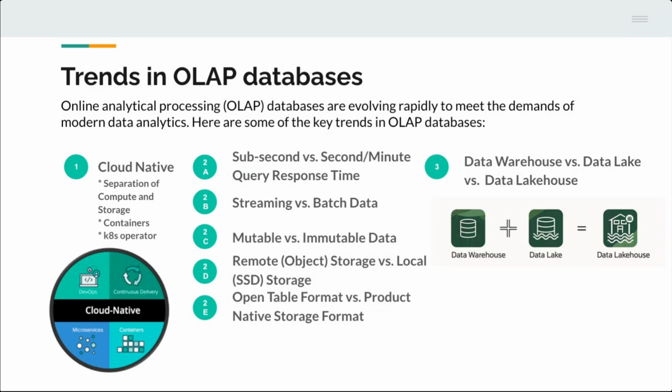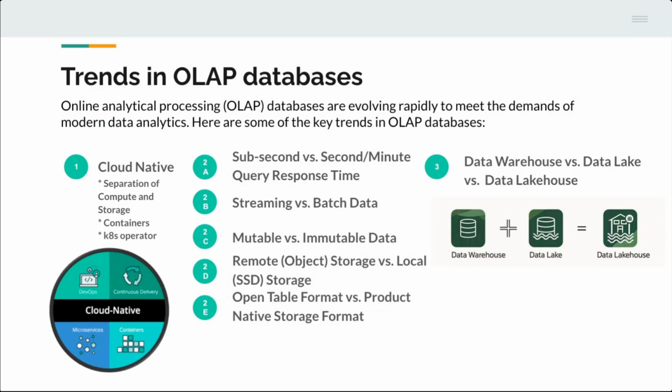Those other table formats that I mentioned are open source, open standards. The idea is that it's not controlled by a single vendor and embedded into a product, but it's a format that everybody can use.